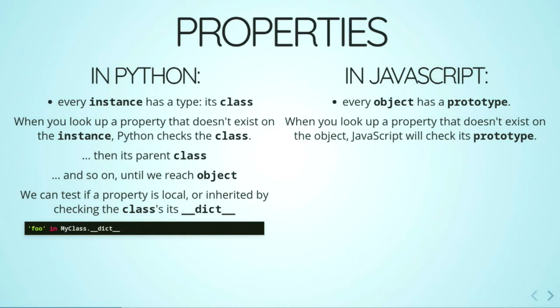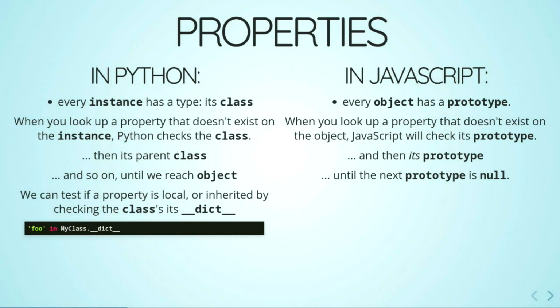In JavaScript, every object has a prototype, just one. When you look up a property, it doesn't exist on your current instance or your current object. JavaScript will go and look at the prototype, and then that prototype's prototype, and so on until you reach the null object, or there are no more prototypes to go up to.